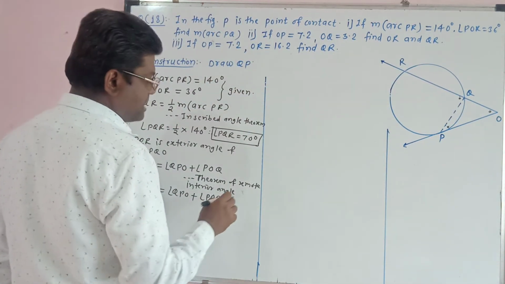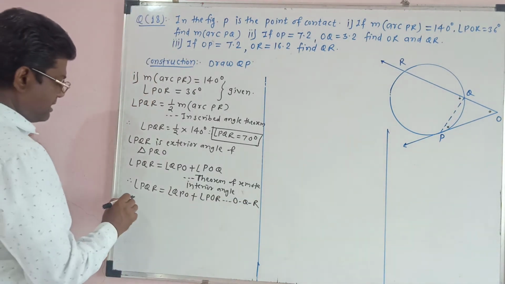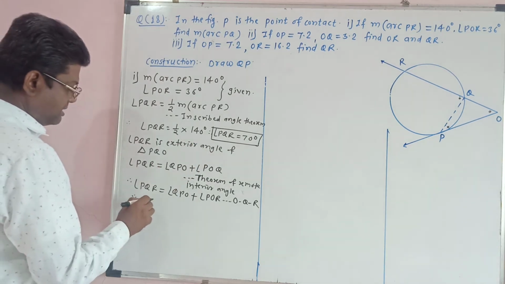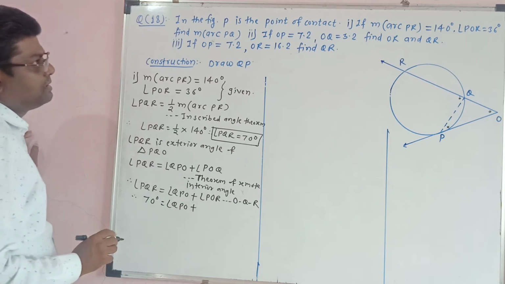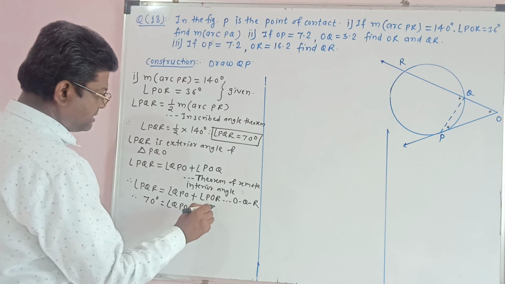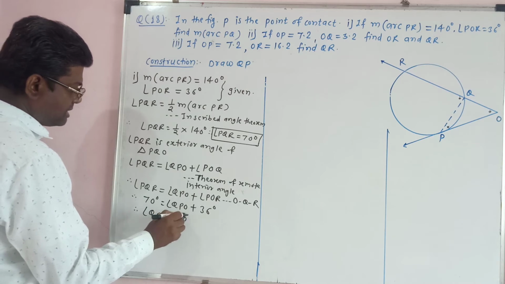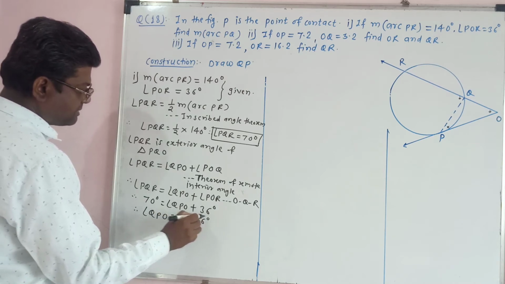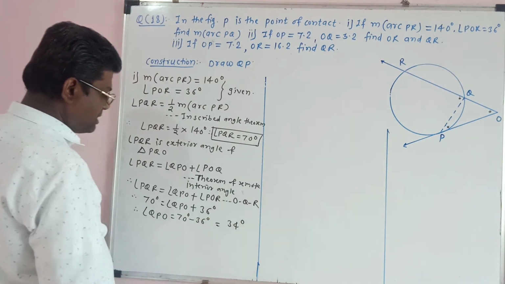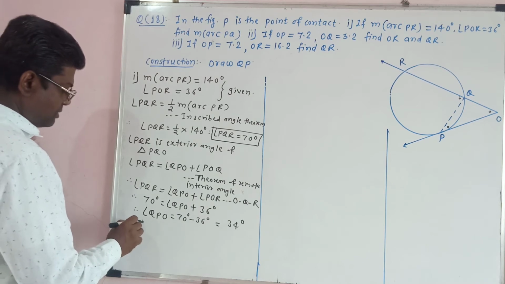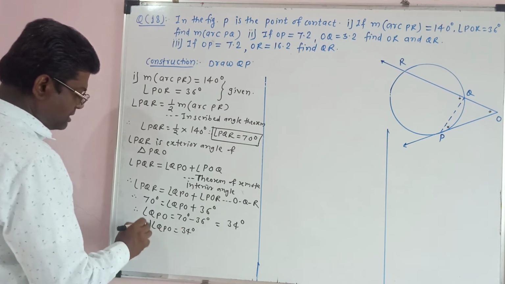Reason is O-Q-R. Therefore angle PQR, which is 70 degrees, is equal to angle QPO plus angle POR. We have given 36 degrees. Therefore angle QPO is equal to 70 degrees minus 36 degrees, which is 34 degrees.